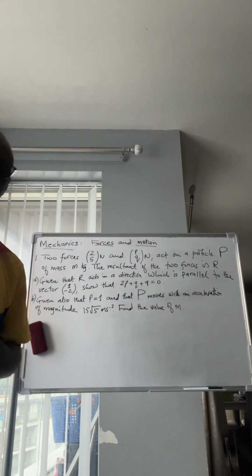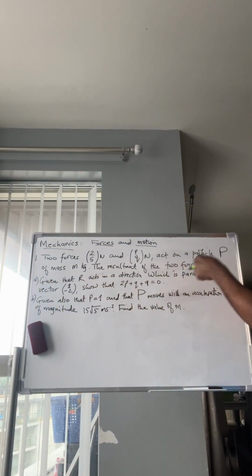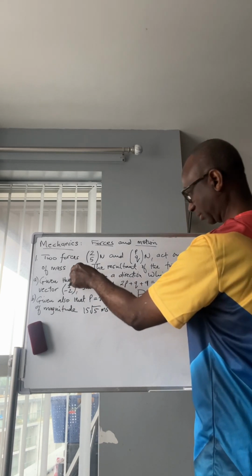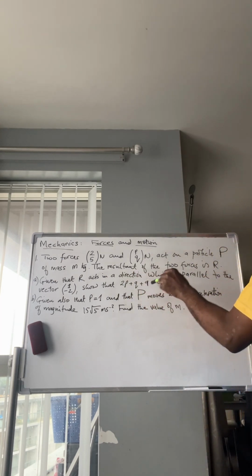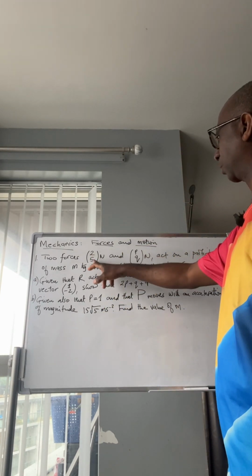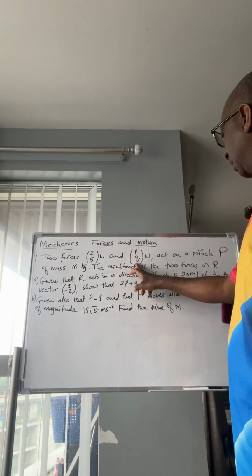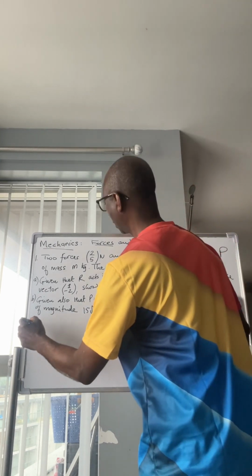So now let's look at the first part of this question, which says that given that R acts in a direction which is parallel to the vector 1 minus 2, show that 2p plus q plus 9 equals 0. First and foremost, we need to find the resultant of the two vectors that are given to us. These two vectors are 2, 5 and p, q newtons.